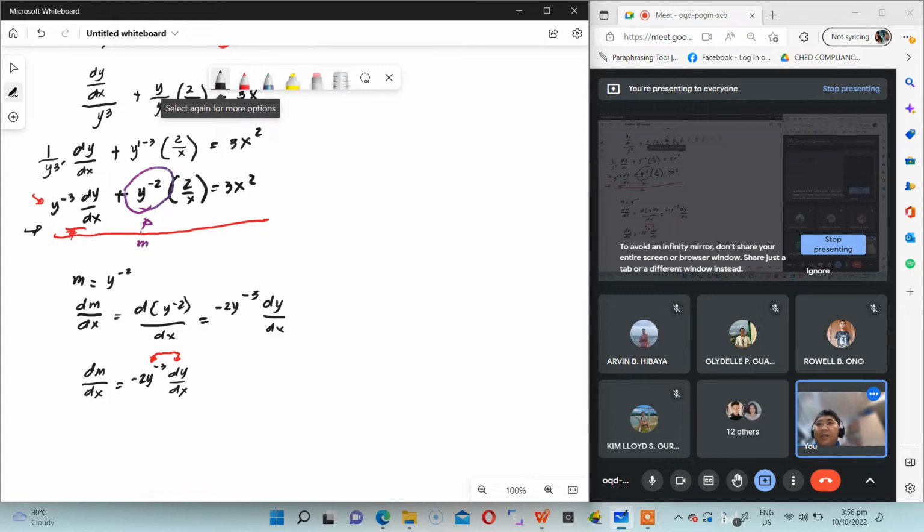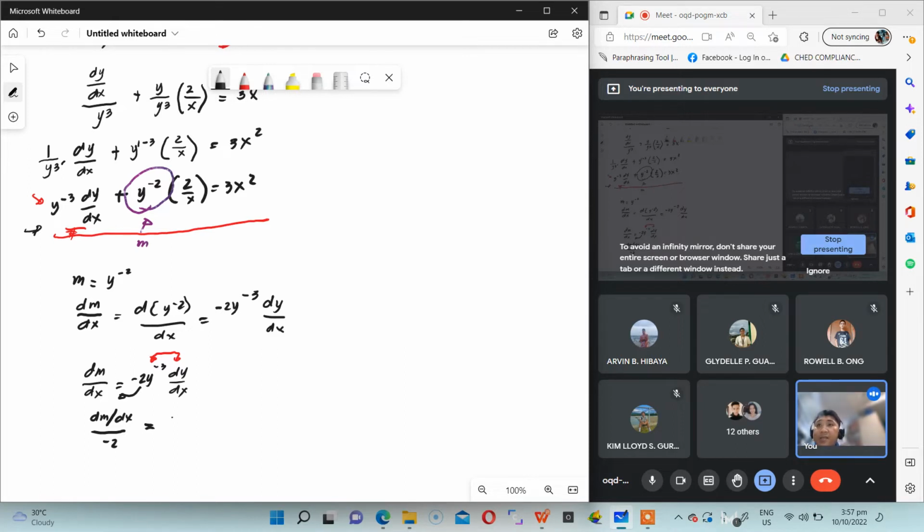So, therefore, if we transfer negative 2 to the other side, that is already the y raised to the power of negative 3 dy over dx. So, let's try. So, therefore, we have dm over dx over negative 2. So, transferring it to the other side. So, since this is multiply, it becomes division.